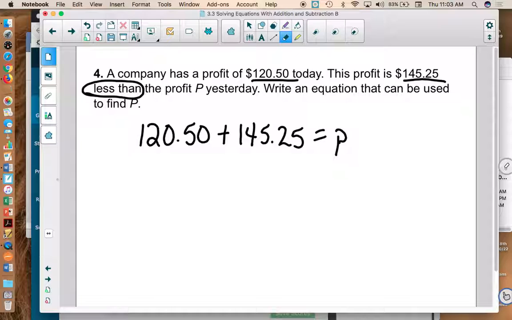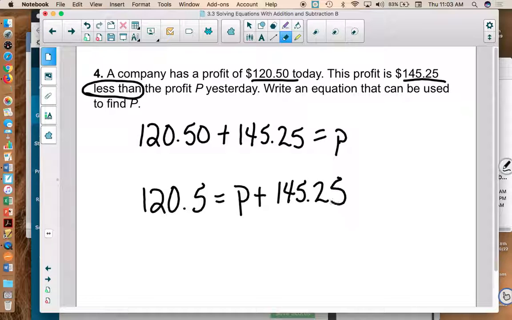Tanner, you want to give it a shot? Instead of adding, subtract, but you could rewrite it somewhere. Rewrite it how? 120 and 50 cents equals P plus 145 and 25 cents.